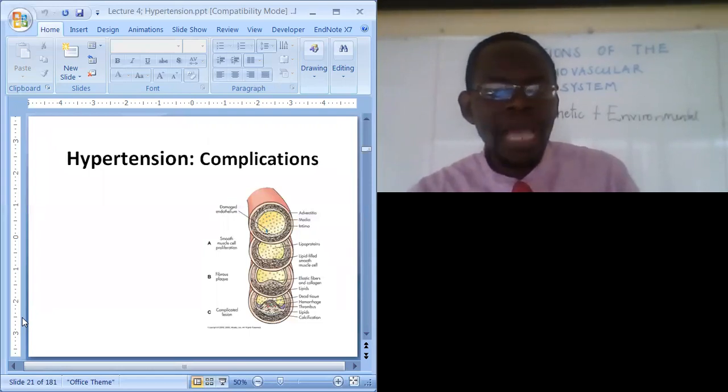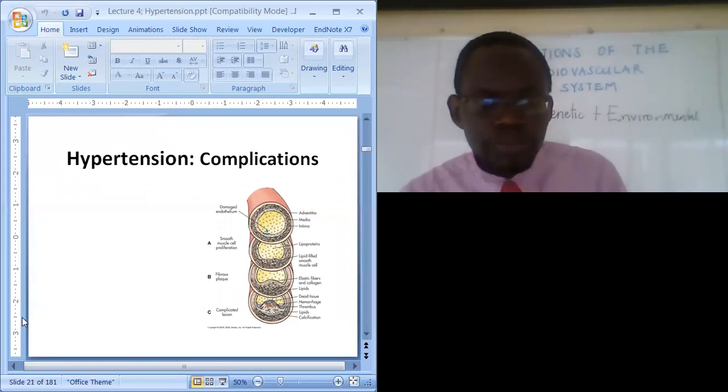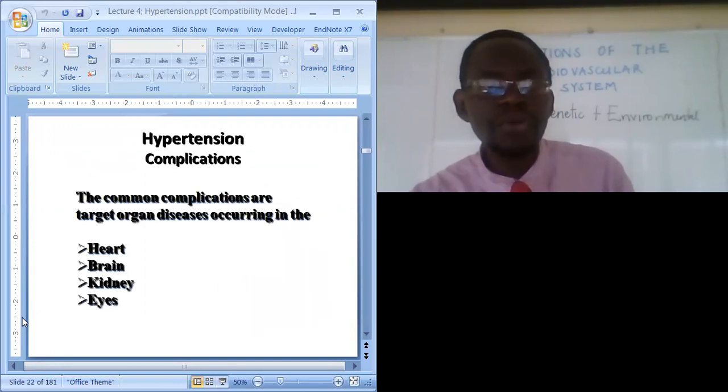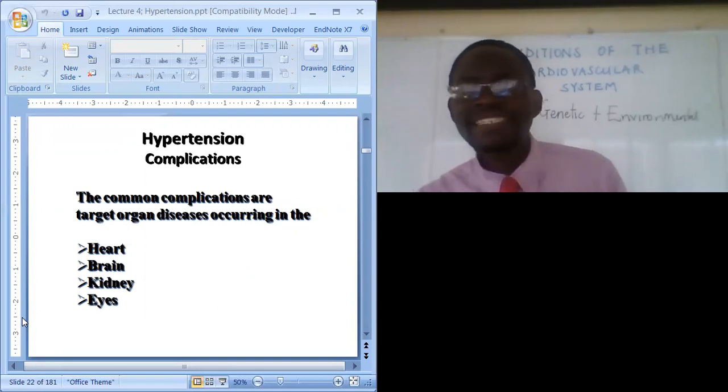Now, we've said that hypertension can also lead to hypertrophy, especially of the left ventricle. So the common complications of this hypertension are seen in the heart, in the brain, and in the eyes.